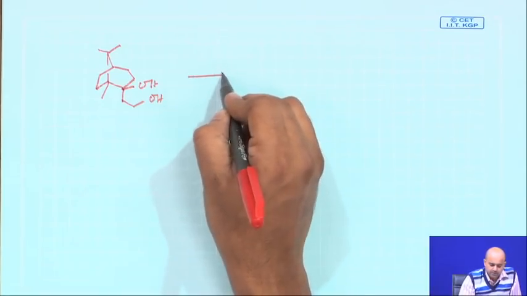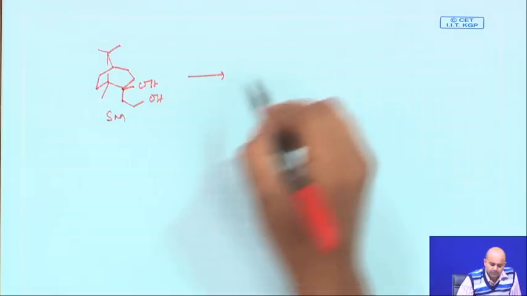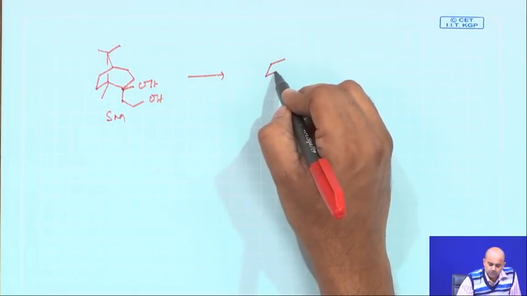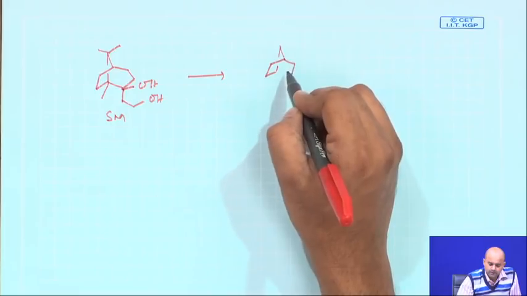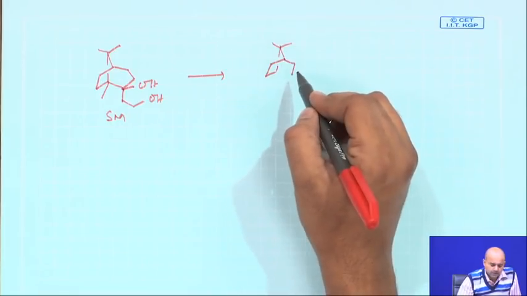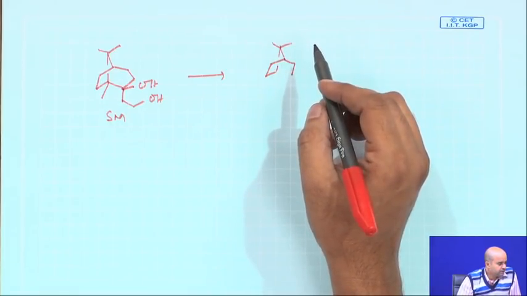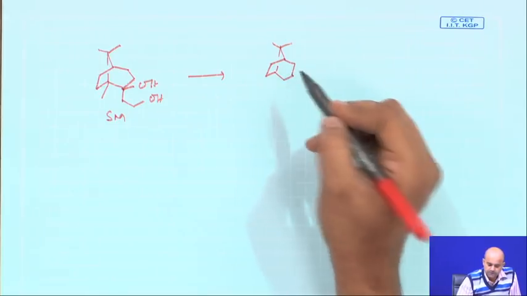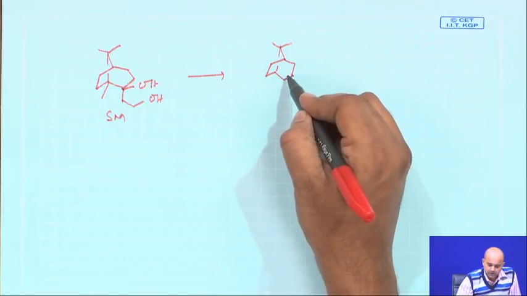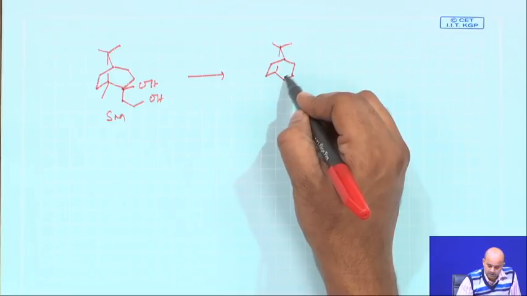Now, this is the starting material which was given to you, and the target molecule which was required at this stage, you put a double bond here.